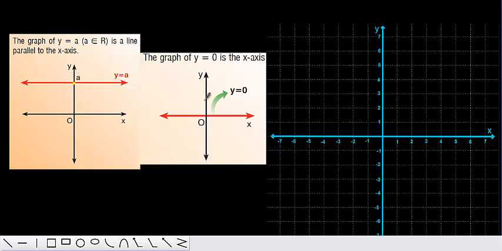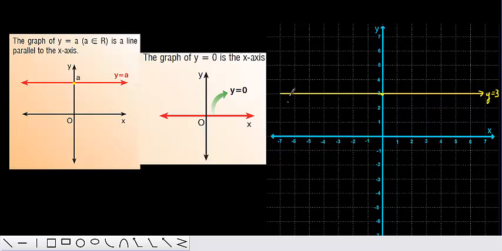If I give this one as an example here, let's choose the point 3. Then this is the line passing through the point 3, which is parallel to the x-axis. So this is the line passing through the point 3, and this is the graph of the y is equal to 3 line.